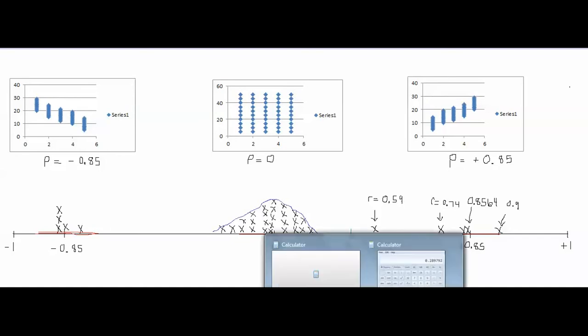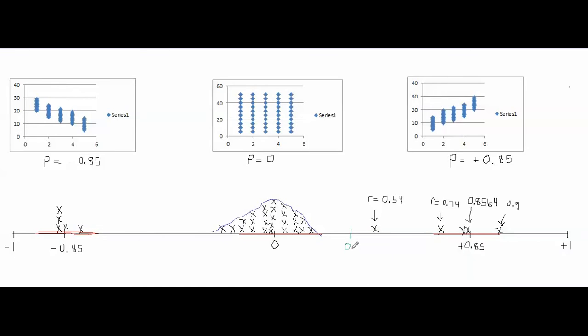Roughly 28.97% of the samples will end up landing in this green area right here, between 0.2 and 1.